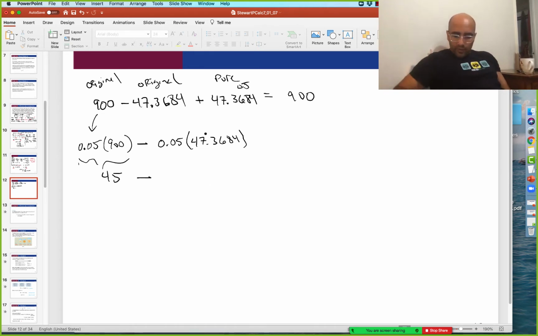So 47.3684 times 0.05 gets me 2.3684. This is the amount of pure orange juice that was removed when I removed 47.3684 gallons of mixture from the original mix. So when I took out these 47 gallons, a little over 2 gallons was pure orange juice in that original mix.